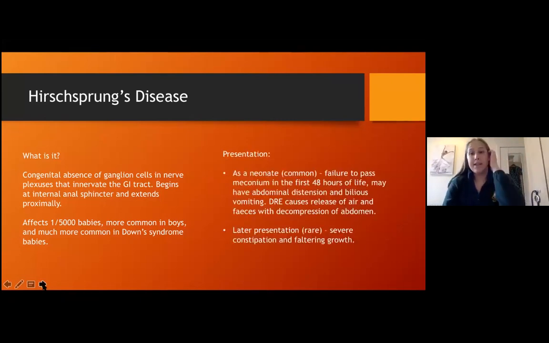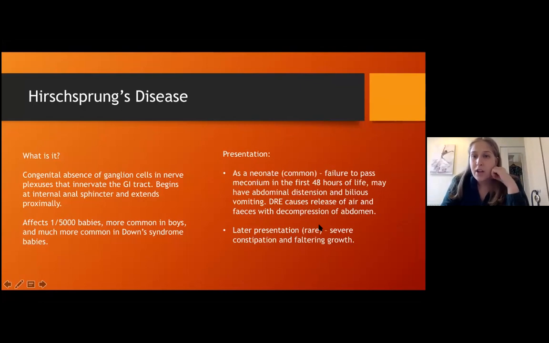So as a neonate, it generally would present very early, and it would be failure to pass meconium, so severe constipation basically, so there's just nothing at all. If the baby gets to 48 hours of age without passing anything, then this is what you're going to be thinking of. They may also have abdominal distension, obviously, because they're very constipated, and there may be some bilious vomiting.